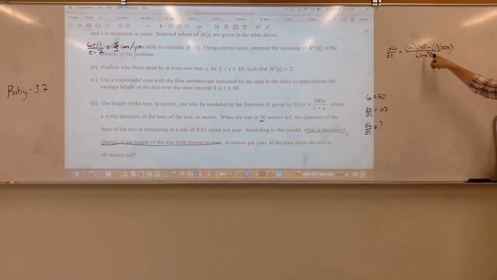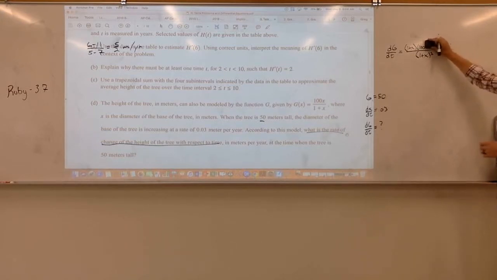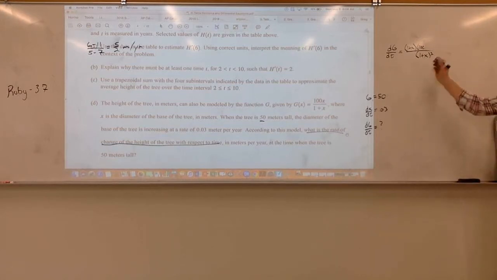When we take the derivative of x, we need a dx dt, since we're differentiating with respect to time. So this would be 100 dx dt minus the derivative here would be dx dt times 100x. There we go. That looks better.